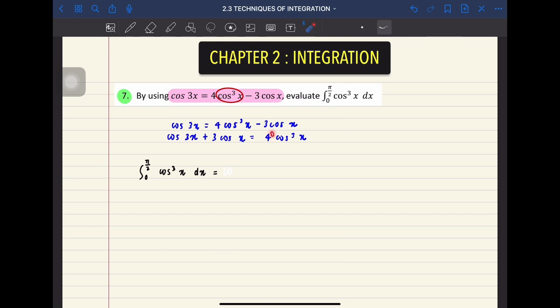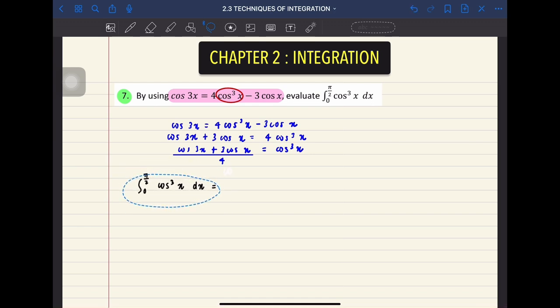And we have 4 over there, so we just need to bring it to the other side, becoming divided. So cos cube x is cos 3x plus 3 cos x divided by 4. Now we get what we want.